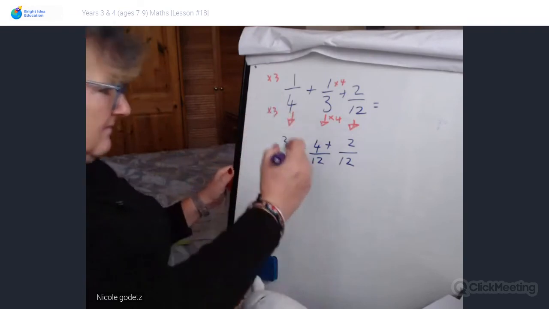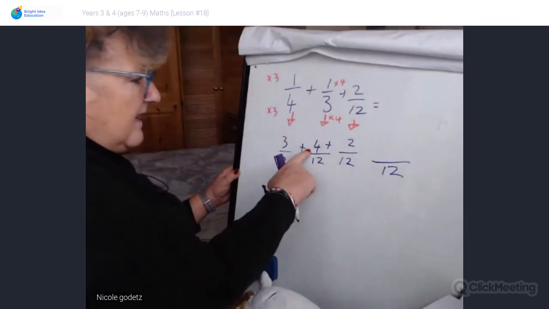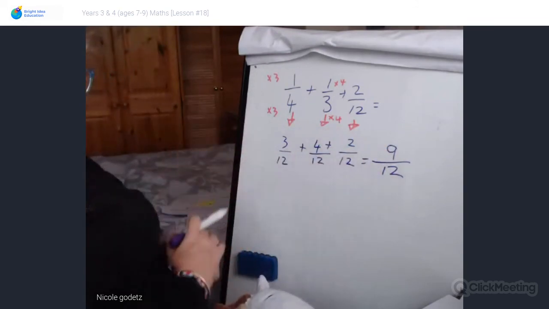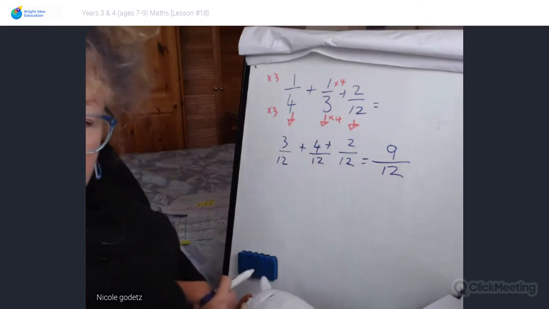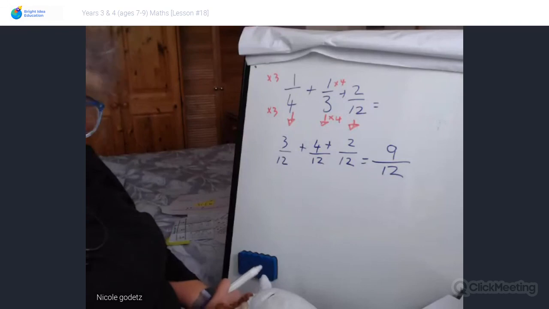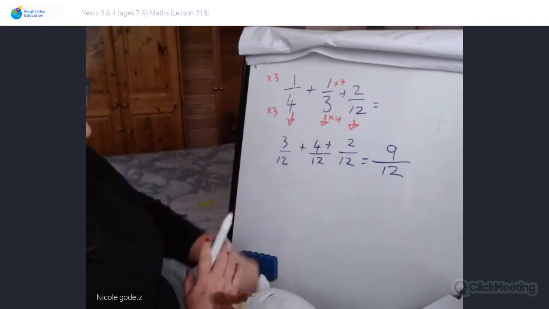Now it's easy because they're all over 12. 3 and 4 is 7 and 2 is 9. So altogether that is 9/12. That is not the end of the story though. Don't forget you had the 2/12 as well.